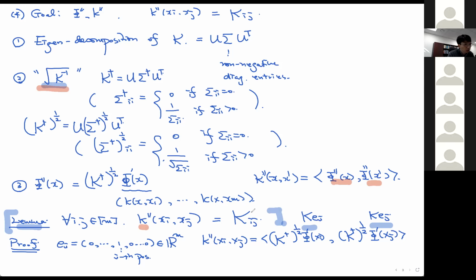And if you just unpack the definition of the inner product, then the inner product is going to be e_i transpose, K transpose, K dagger square root transpose, and K dagger square root K and e_j. But K is a symmetric matrix, so this K transpose is the same as K. The K dagger half is also a symmetric matrix, so this is the same as K dagger half.